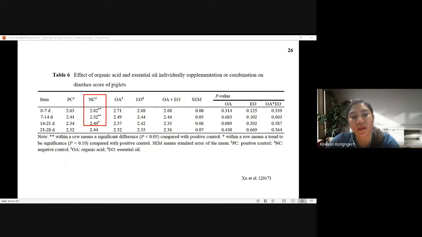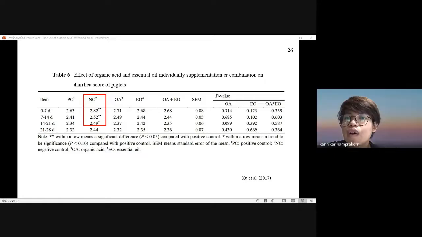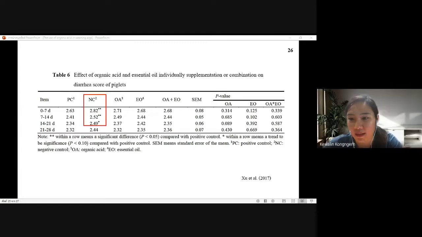Although it doesn't have an effect on the diarrhea score, I think it has an effect on performance and other results. Okay, so it has to relate to good performance and or other parameters, right? Yes. Okay, thank you.